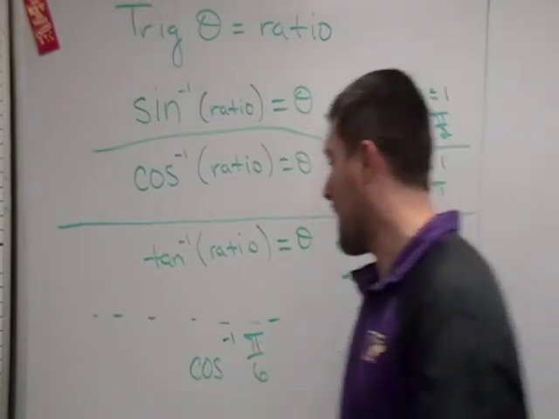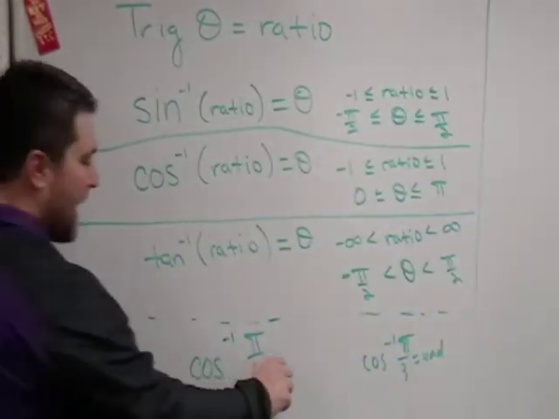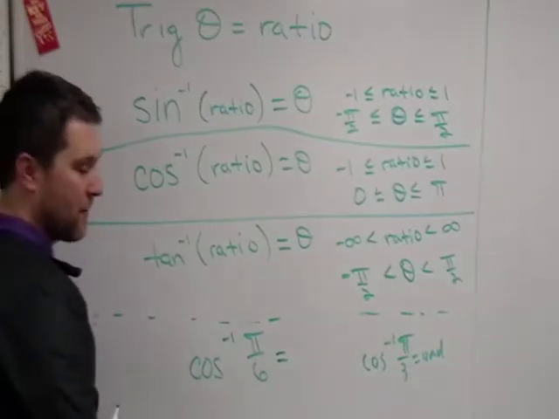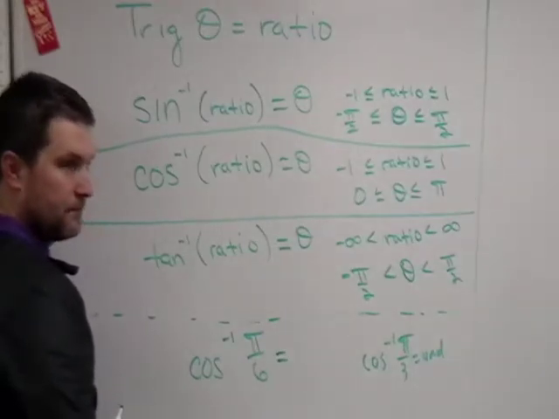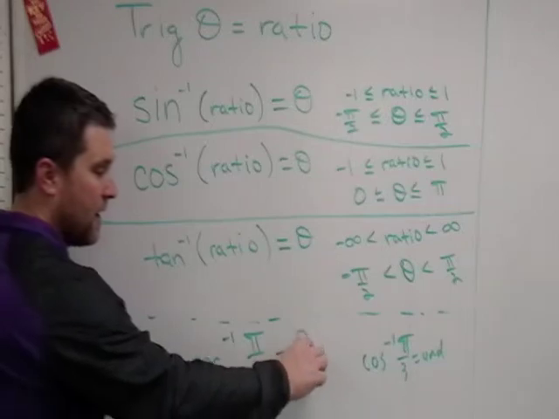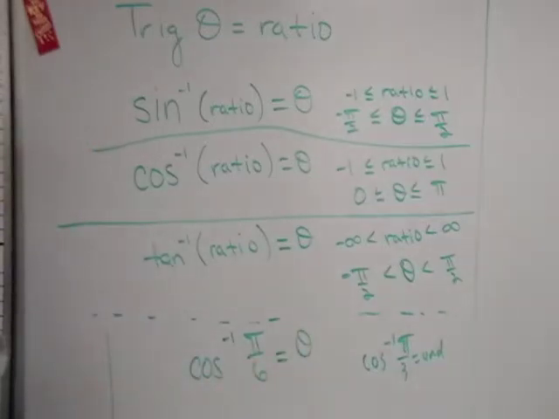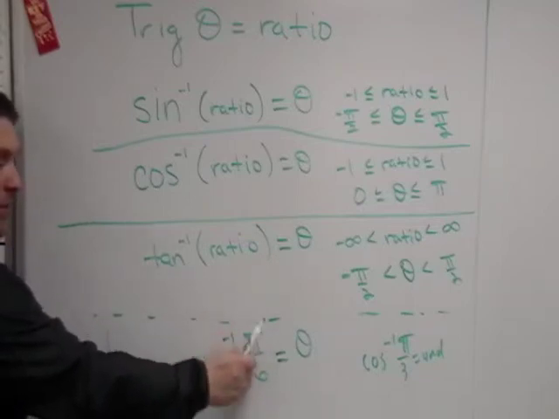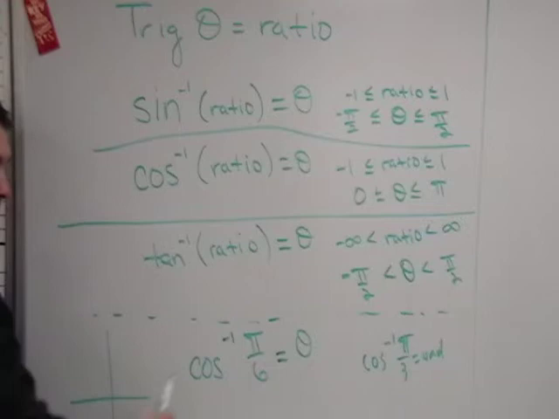It can happen. Guys, what it means is, I want to find it. What am I looking for if I'm finding cosine inverse of pi over 6? I'm looking for a theta. Now it's either going to be in quadrant 1 or quadrant 2 that makes cosine a ratio pi over 6. So since it's positive, it's going to be quadrant 1. Cosine's positive in quadrant 1.